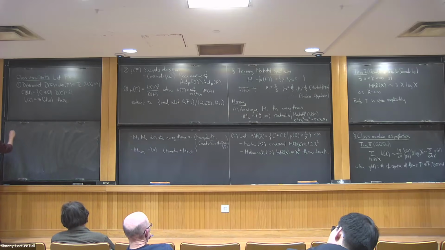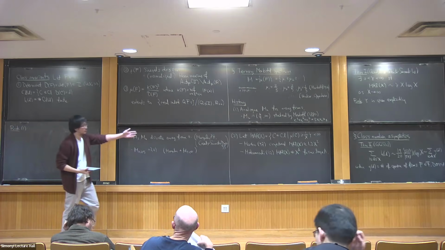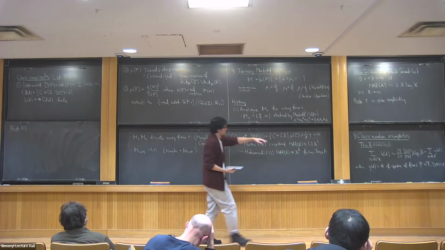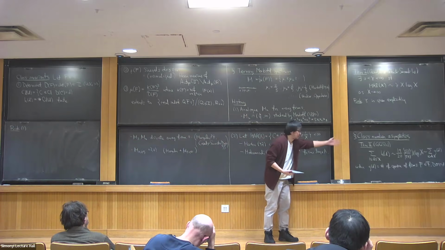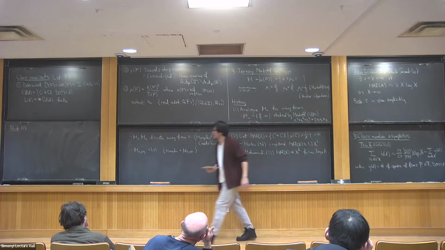So I want to make a few remarks about this particular theorem. First is that I want to mention in passing, we can, of course, ask a similar question about indefinite quadratic forms in other numbers of variables.